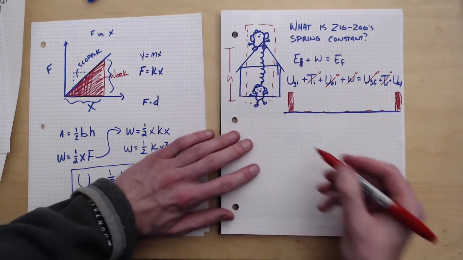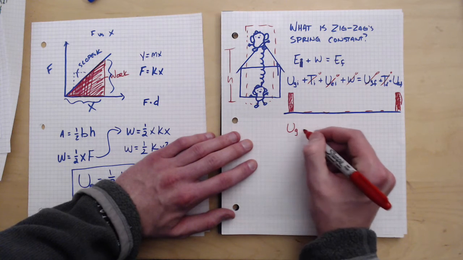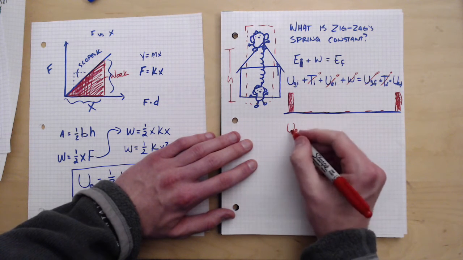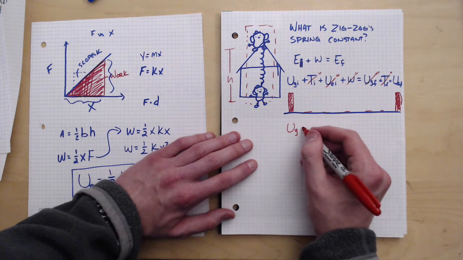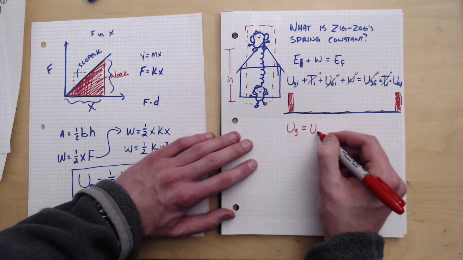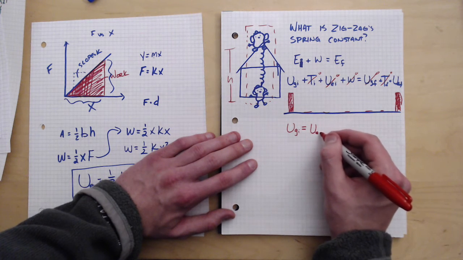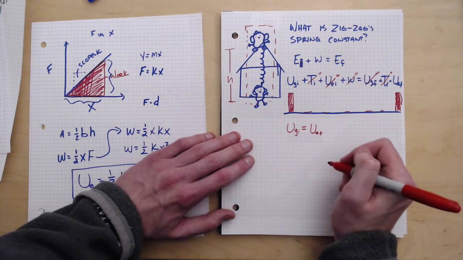So we can rewrite our equation now. It's going to go U_G, our initial gravitational potential energy, is going to be equal to our final elastic potential energy.